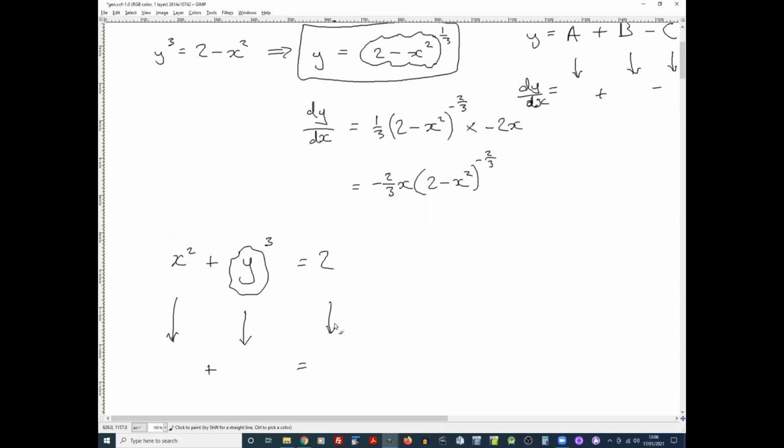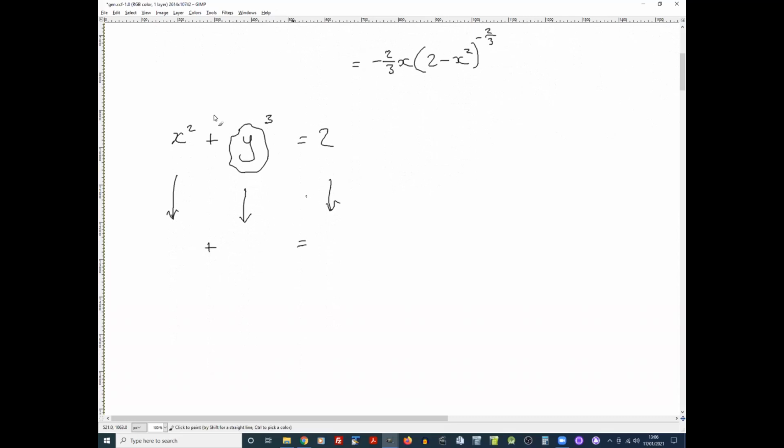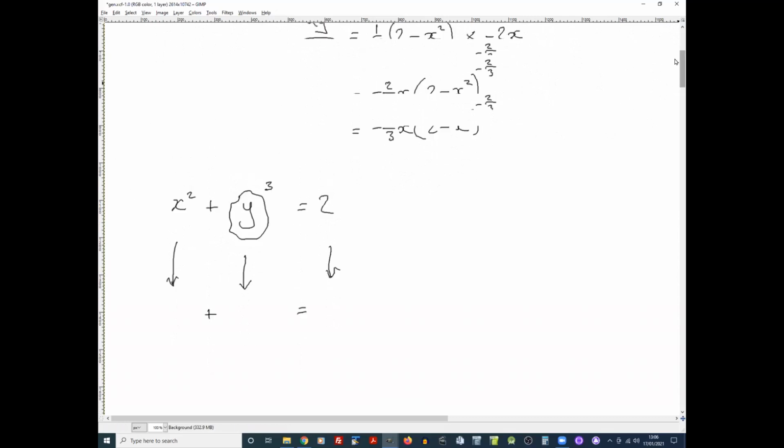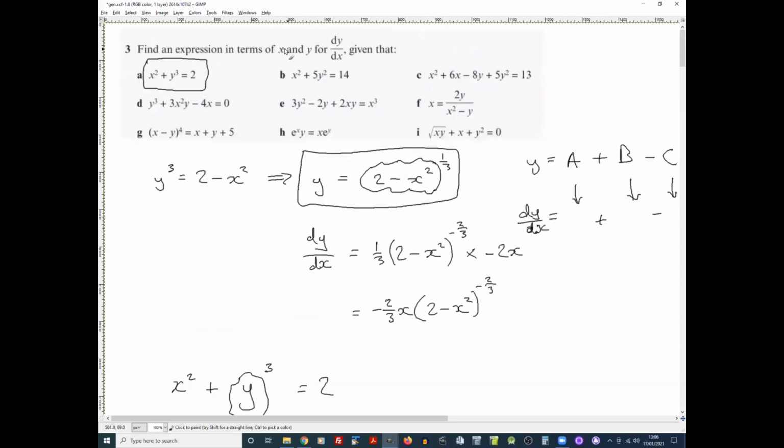Okay? But you don't want to do that. Yes, we do. We're going to do it this way. That's what they've told us to do. They've said find an expression in terms of x and y. Well, it will be if we don't bother to make y the subject of this expression. If we leave y as an implicit function of x, we just say, oh, well, it's some function of x, or we don't know what.